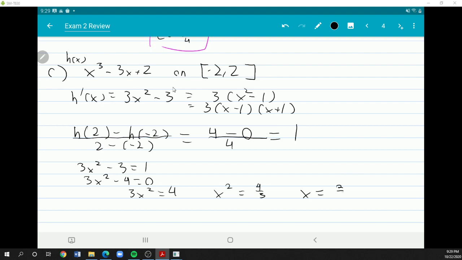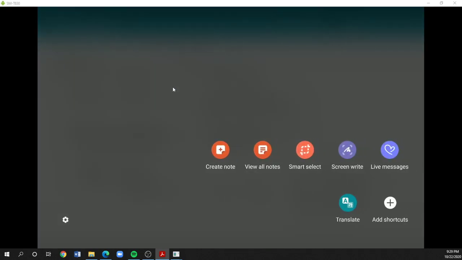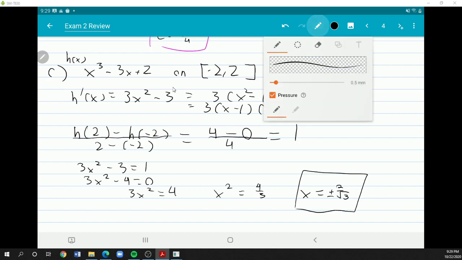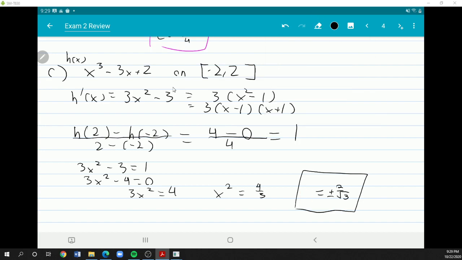So x is equal to 2 over root 3. Again, we get a plus or minus, because both of those would be in the interval. So that's our answer. But instead of calling it x, I'll call it c. And that's how to do these mean value style problems.